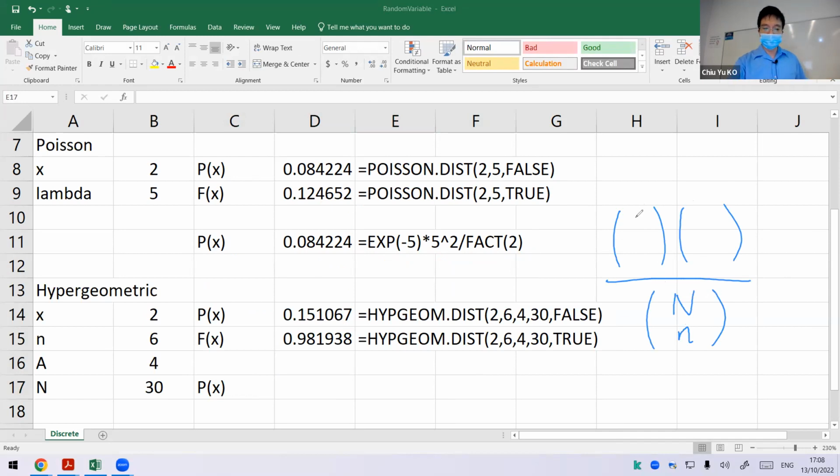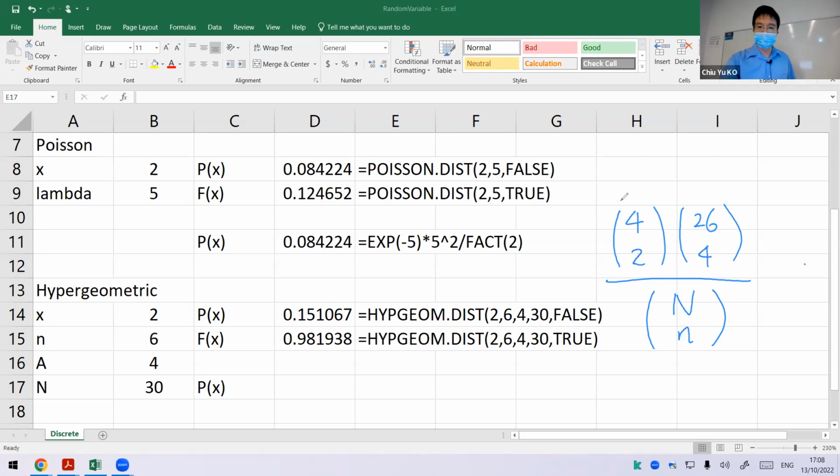And the successes are there, 4 over 2. And you have 26 bad items, you need to draw 4, because you are drawing a sample of 6.